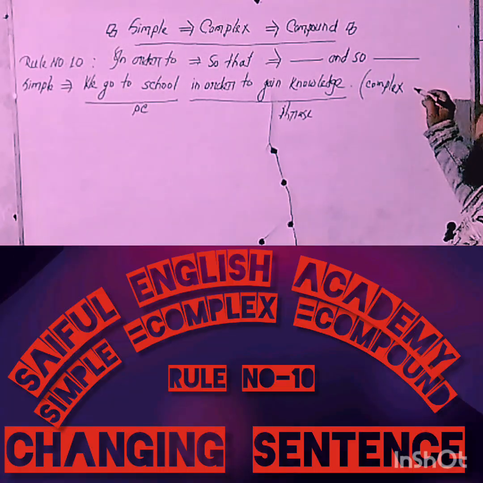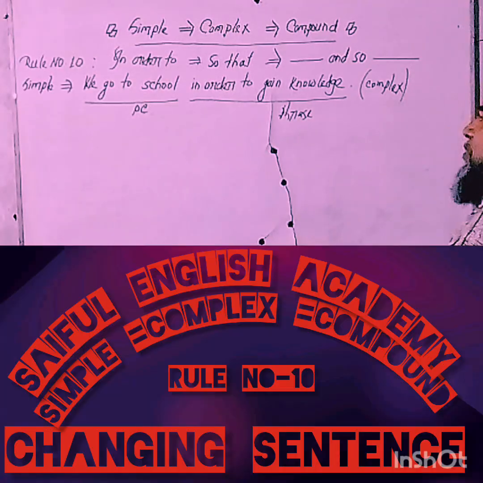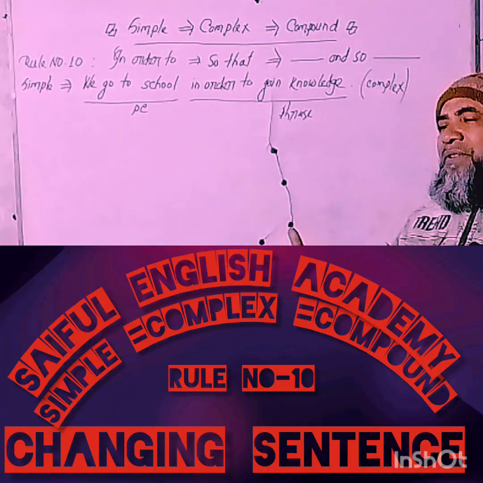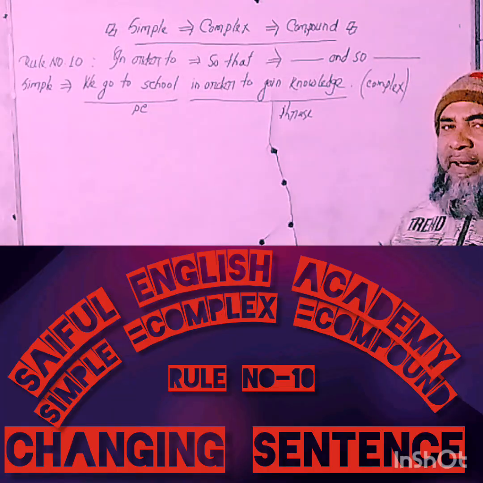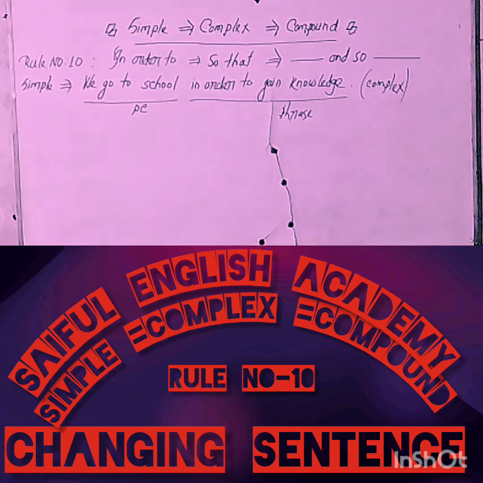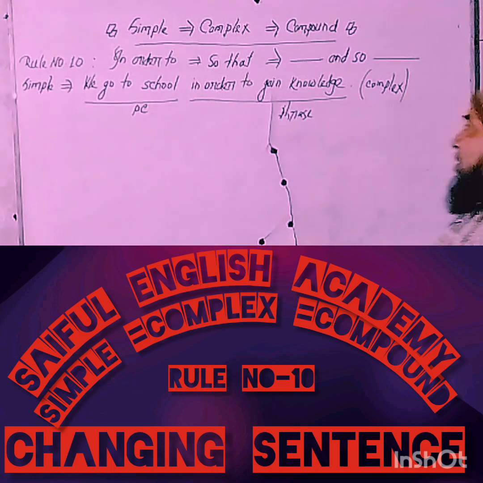In this case, what steps should we take? You have to mind that there are two clauses in a complex sentence, one principal clause and one subordinate clause. Already, there is a principal clause here.